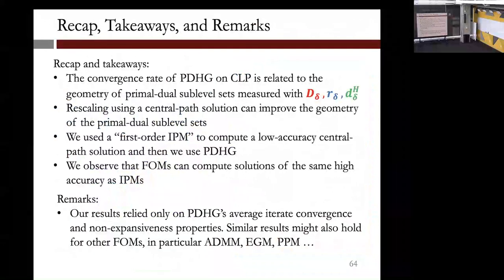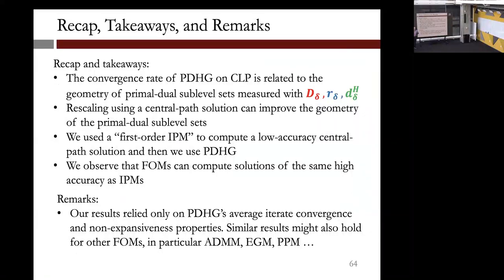All right, so recap and takeaways. The convergence rate of PDHG on conic linear programs is related to the geometry of the primal-dual sublevel sets, measured with those 3 condition numbers. Rescaling using a central path solution can improve the geometry of those numbers.